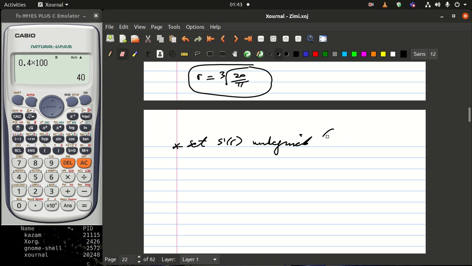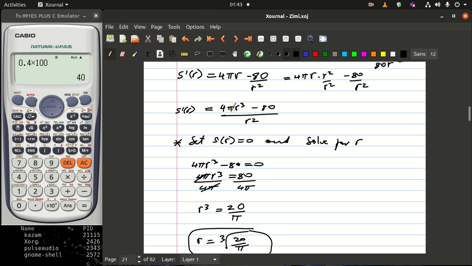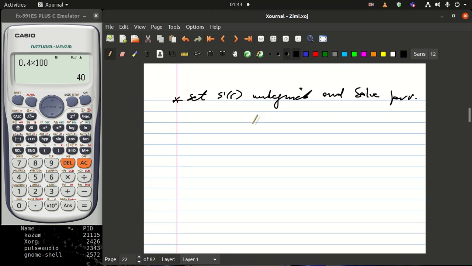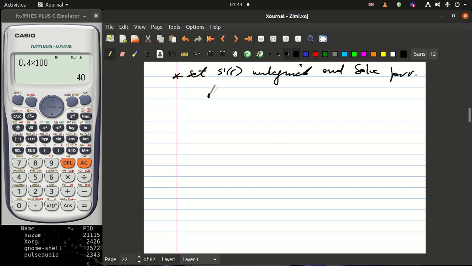Set it undefined and solve for r. So if you look at this one here, this is only going to be undefined if r squared is equal to 0, which implies that my r is just equal to 0.